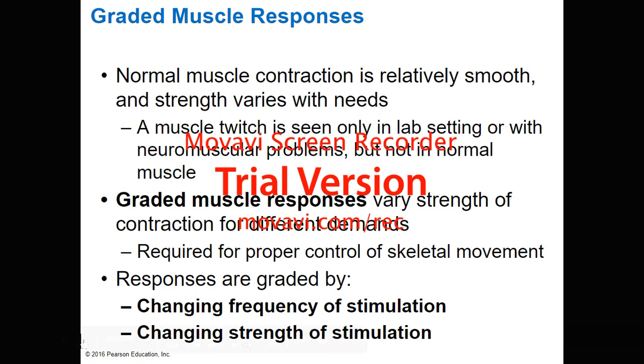So muscles respond to changes in stimulus frequency. A single stimulus results in a single contractile response, a muscle twitch, for example.